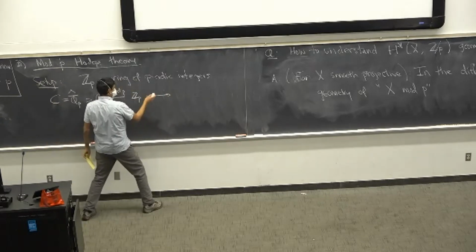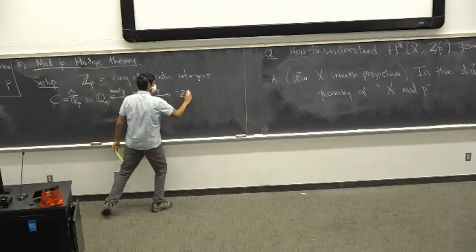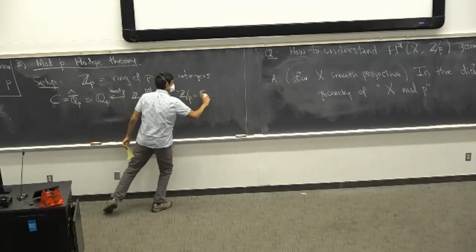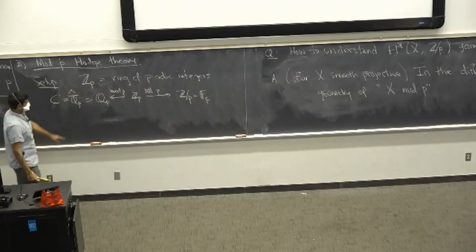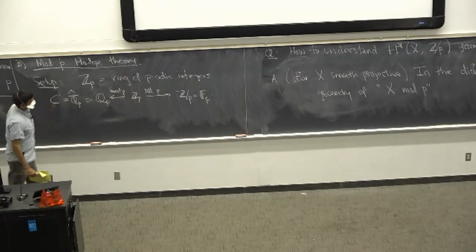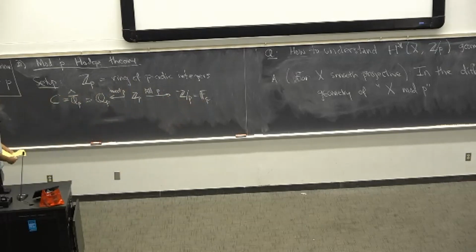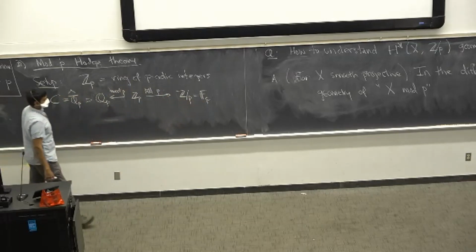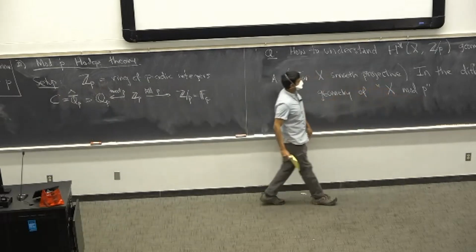But you can also go mod P. You can kill P in this ring, and what you get is Z mod P, so call that FP. This is the sense in which ZP is going to relate this characteristic zero field, which is the copy of the complex numbers, to this finite field FP. And we're going to use this to try and make sense of this phrase over here, X mod P.